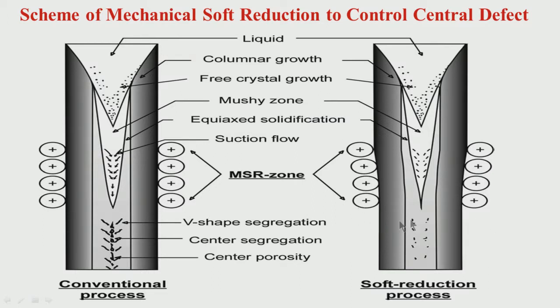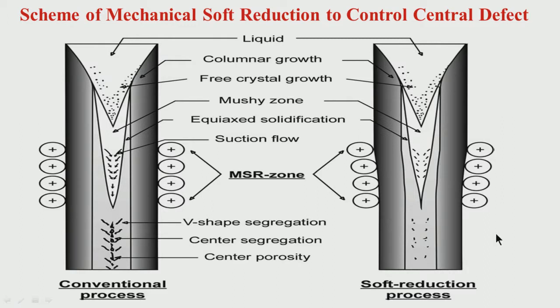So the final thickness is slightly less compared to what would have been the normal final thickness, because you have put some pressure and decreased the gap between the rolls in the final stage of solidification.